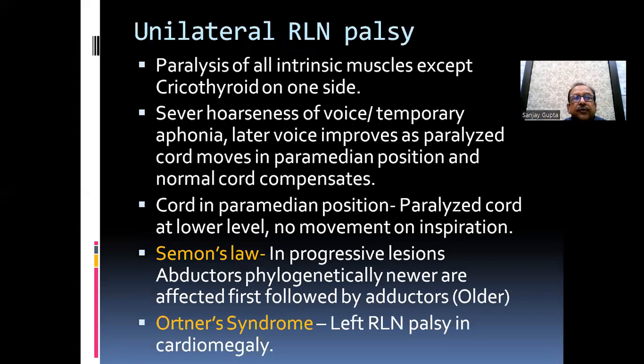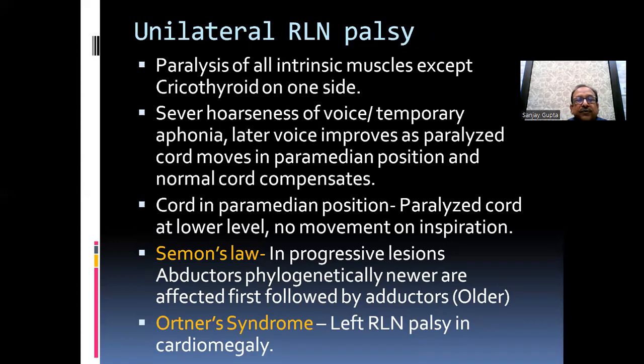Coming to unilateral recurrent laryngeal nerve palsy. The recurrent laryngeal nerve supplies the intrinsic muscles of the larynx on one side except the cricothyroid on that side. So paralysis of all intrinsic muscles causes severe hoarseness of voice. There may be temporary aphonia.